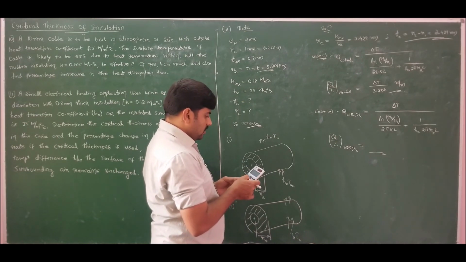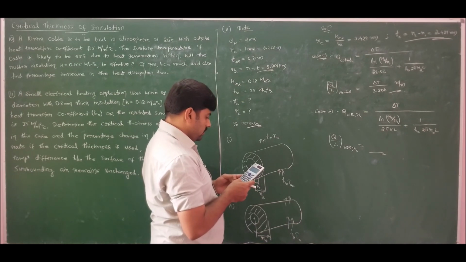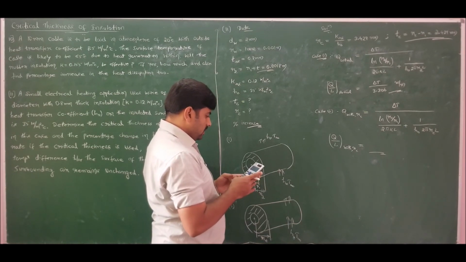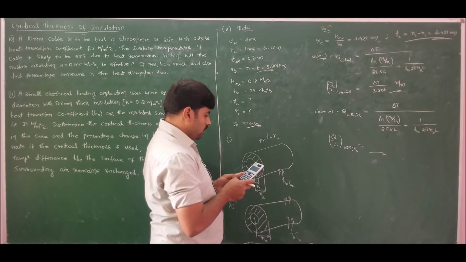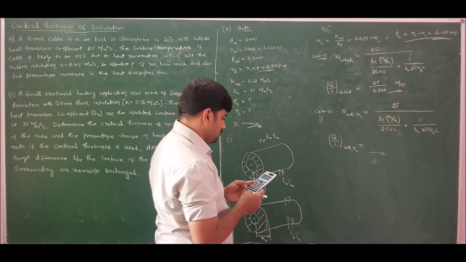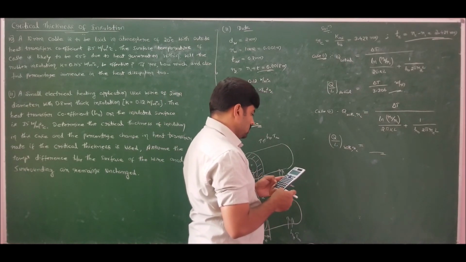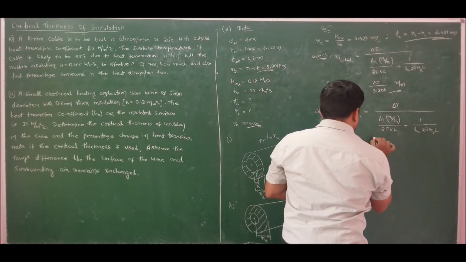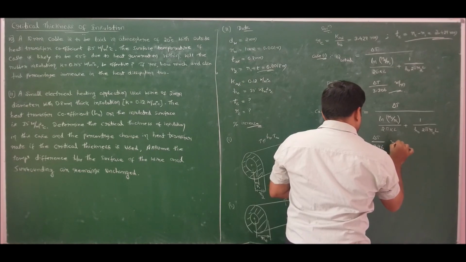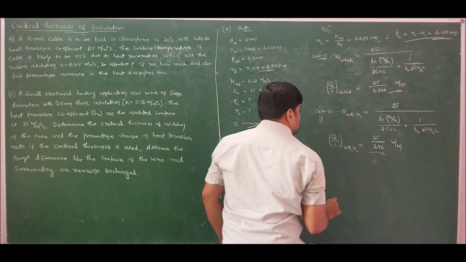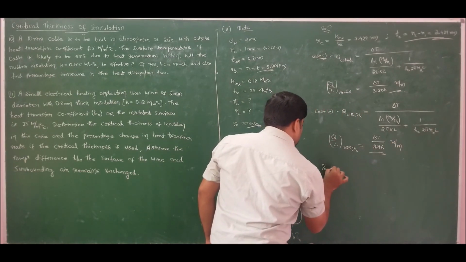We are solving. 1 divided by H naught is 35 into 2 into pi into RC. RC in meters will be 3.429 times 10 to the power of minus 3. If I solve, I will get the answer as delta T divided by 2.96 watt per meter length.